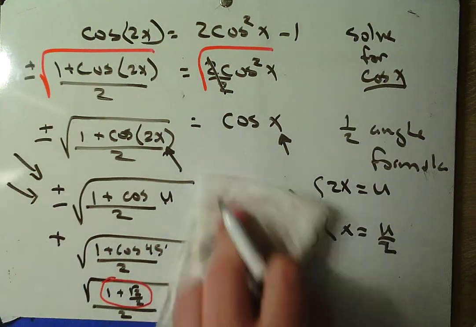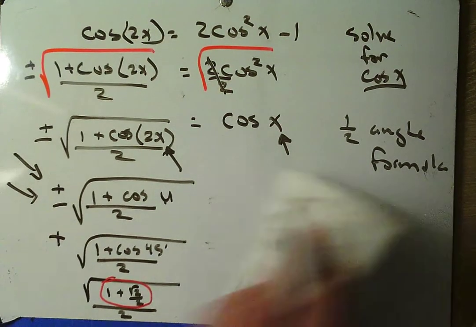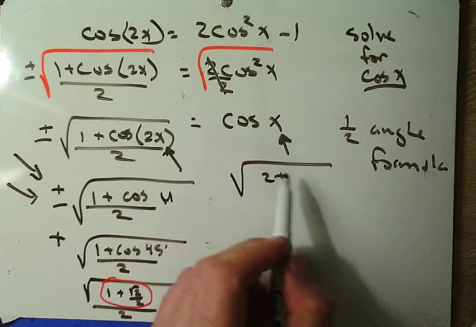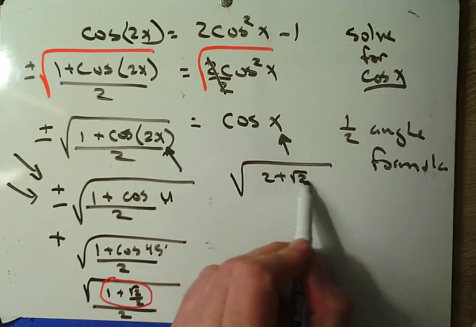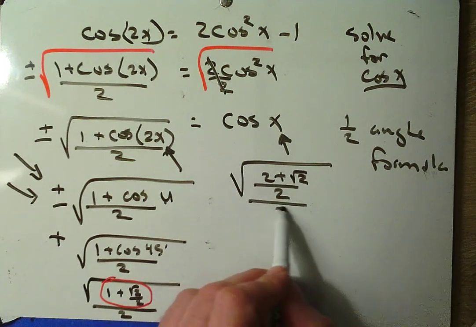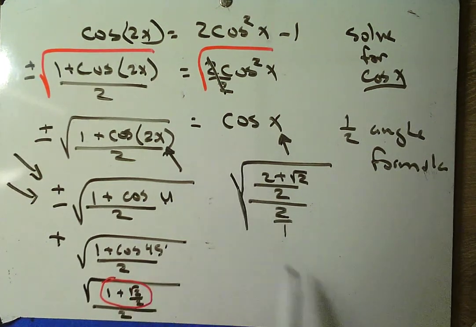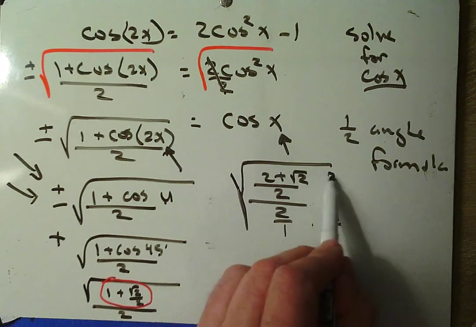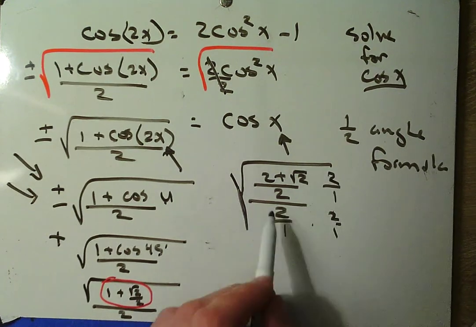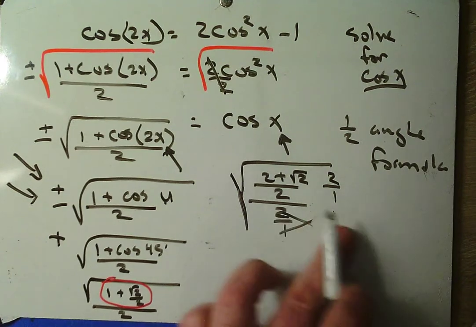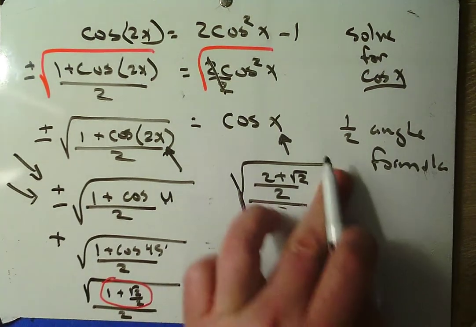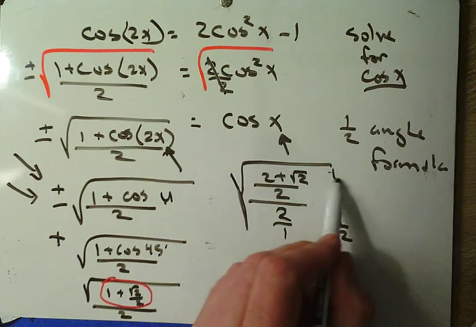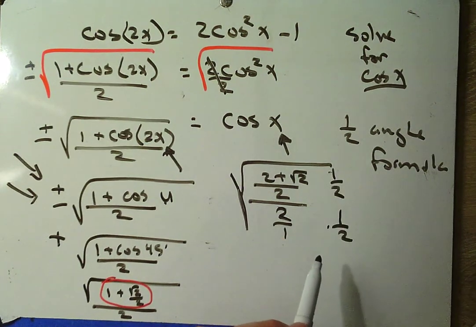And so that will bring me to 2 plus root 2 over 2, all over 2 over 1. Well, I'm going to do the flip and multiply now. Oops, no, that's not what I did, is it? That's what I said I was going to do, but I didn't actually then do it. There we go, flip and multiply.